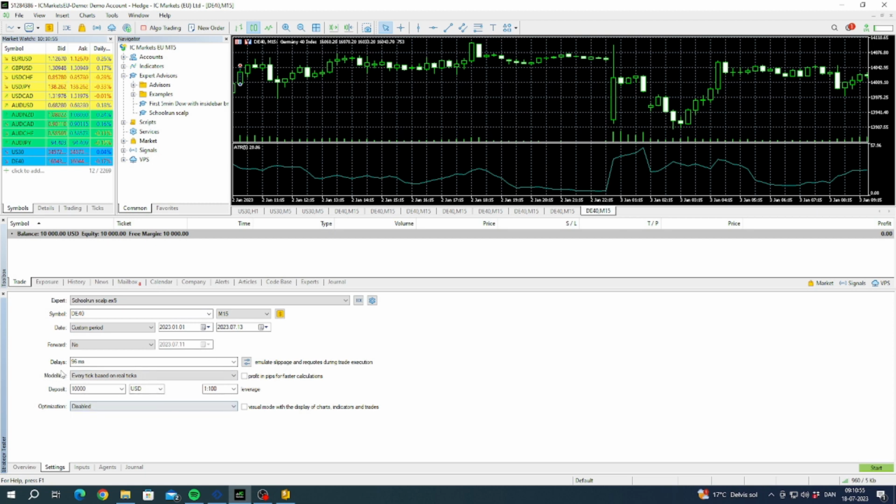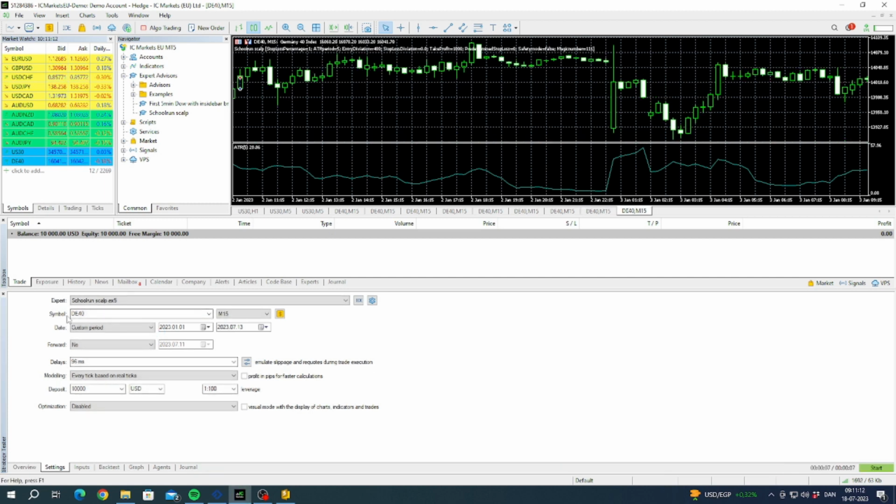As you can see, I will be using the every tick based on real tick method as well. And let's just try and start it. The strategy should only be used for the German DAX index. I would not recommend trying to use it on any other market.